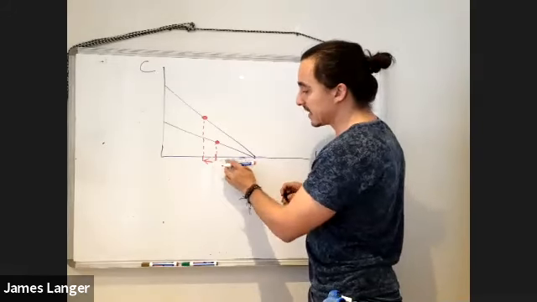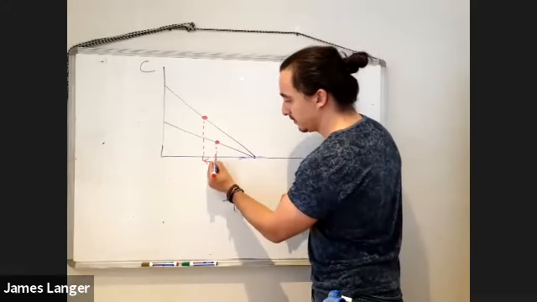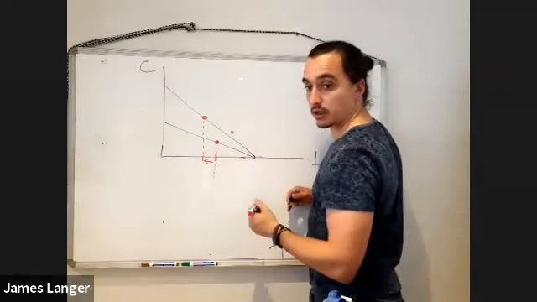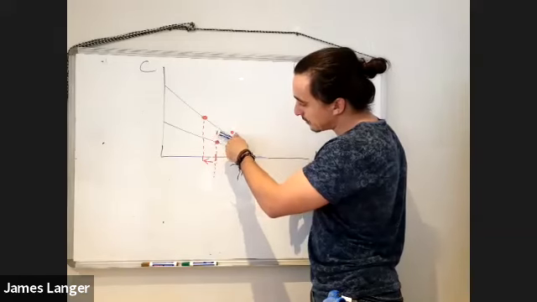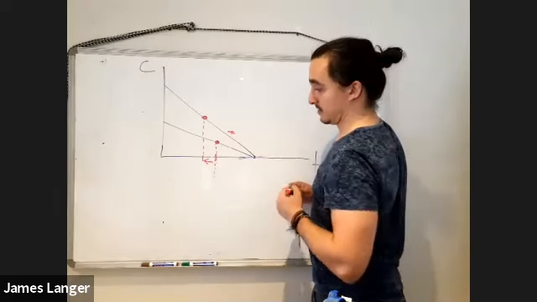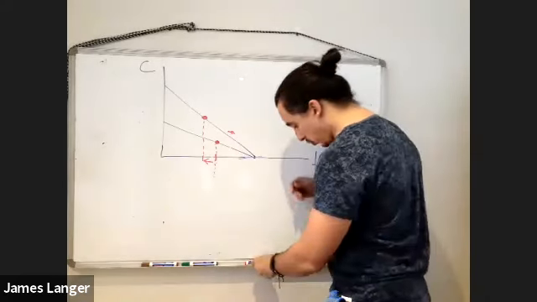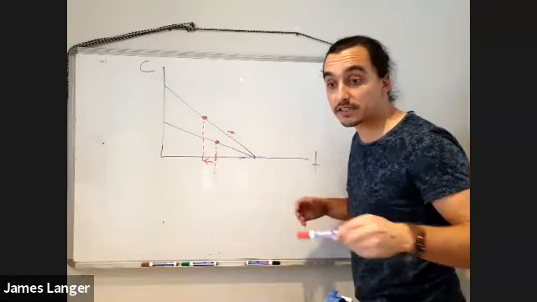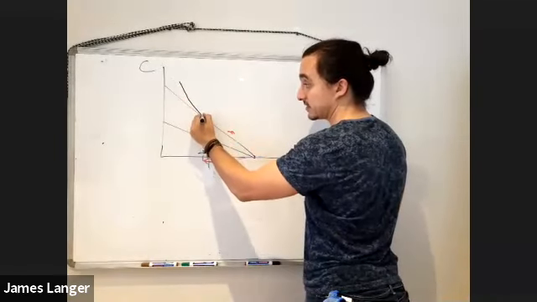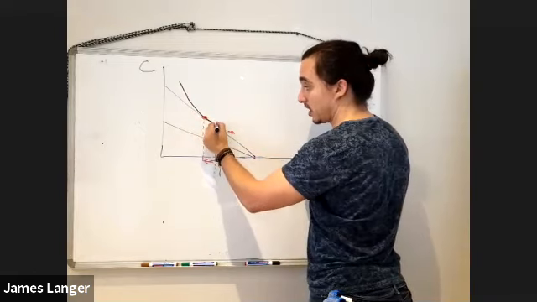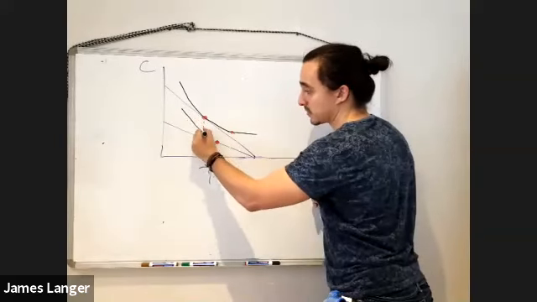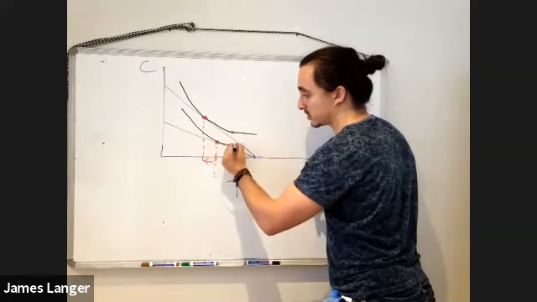Now, I need there to be a positive income effect. So I draw a little dot out here. Then I look at the slope here and I say, I need the slopes to be the same here. Once I've done that, I can draw my indifference curve to satisfy what I'm looking at. So I go down and I make this tangent, and I carry on, and I make that tangent. Then I draw another curve, and I make sure that it's tangent to that curve.